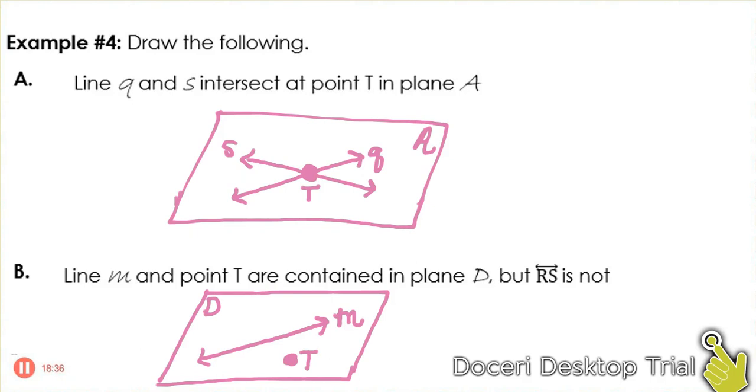So I could draw a line that goes through this plane, it hits the plane, it goes through it to the back and comes out the other side. So notice I put the little dashes to show that it went through the plane, and I'm going to name this R and S. So that's how you name points, lines, and planes, and looking at pictures and how to determine how to name things.